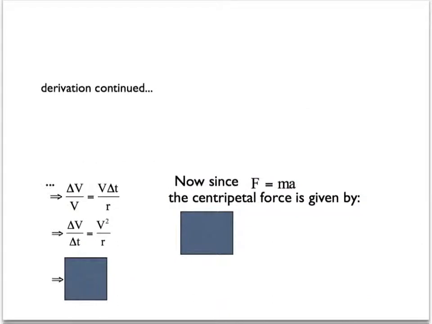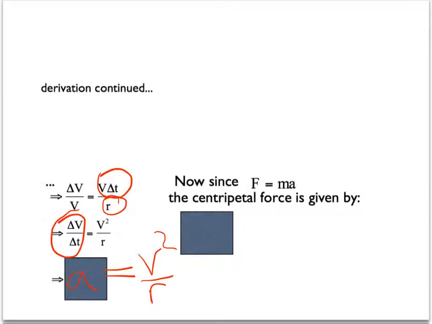So we continue to derive the expression by equating those things. We replace AB with V delta t and AO with the radius r. Rearrange slightly so that we have this expression, which of course means we have now found acceleration on the left hand side as equal to v squared upon r.